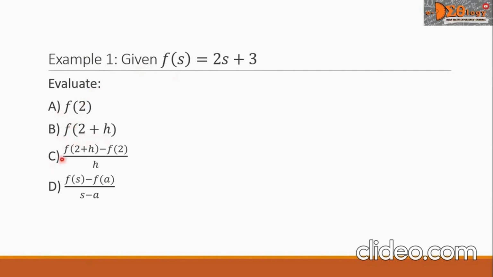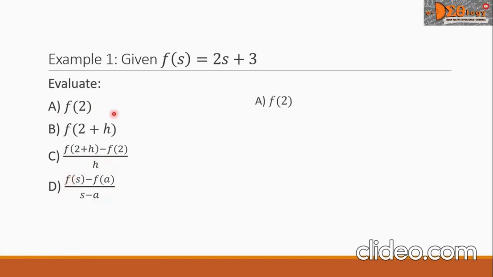Letter C, a fraction whose numerator is the difference f of 2 plus h minus f of 2, all over h. Letter D, another fraction whose numerator is the difference f of s minus f of a, all over s minus a.